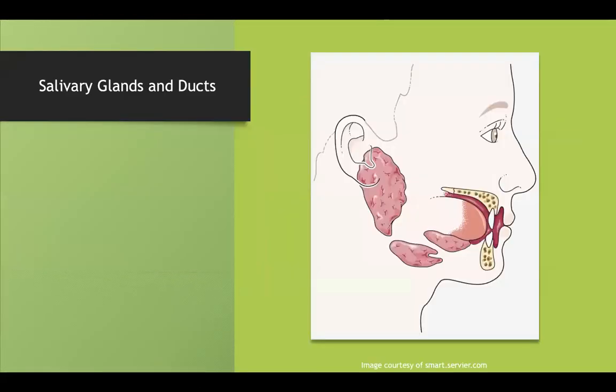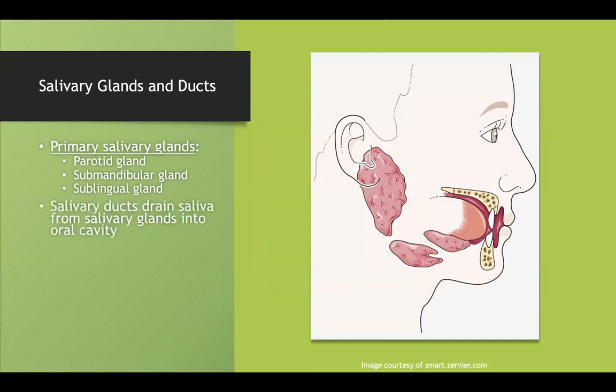We have our salivary glands and ducts. There are 3 glands you need to know about in the oral cavity. There's the parotid gland, which is the largest gland, and I've highlighted it to the right. Your submandibular gland is at the angle of the jaw right here, and your sublingual gland is below the mouth. Each of these glands has salivary ducts that drain the saliva produced in the gland into the oral cavity.